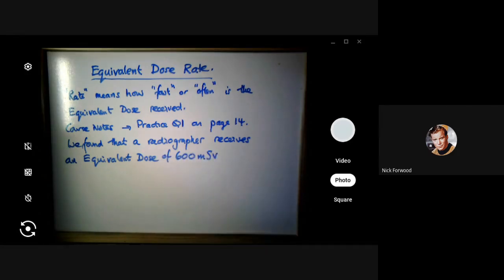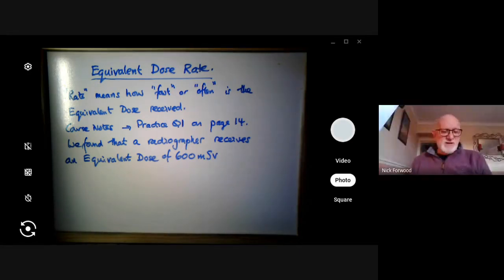So this is a question from the equivalent dose section. We've already done this last time, and I said we'd be coming back to look at this, but we're adding this rate bit in. So we found that a radiographer receives an equivalent dose of 600 millisieverts. But is that like the post coming through the door? Is that every day? Is it every week, every month, or every year?